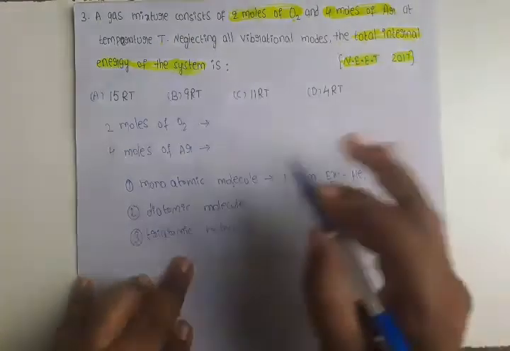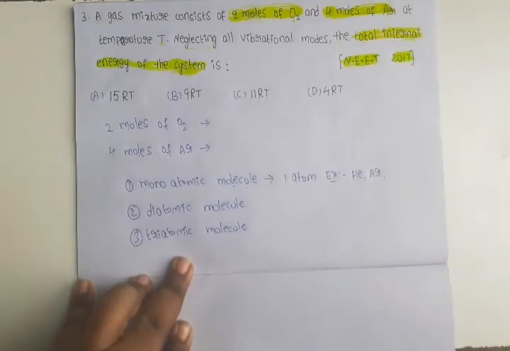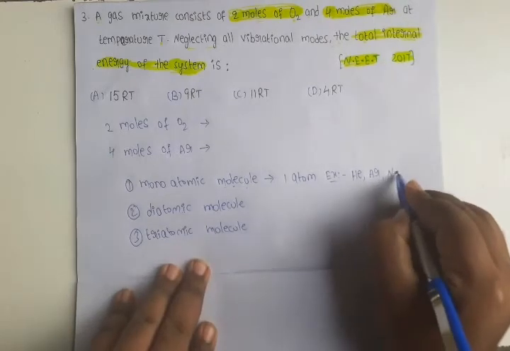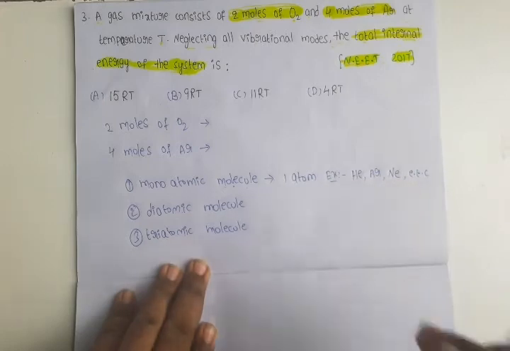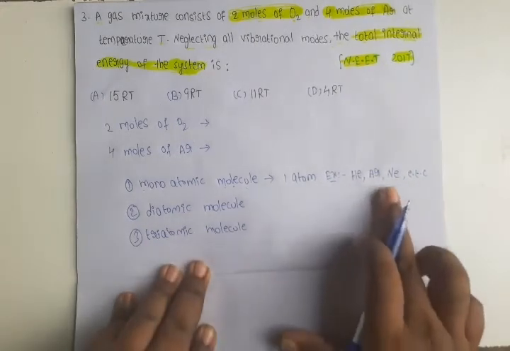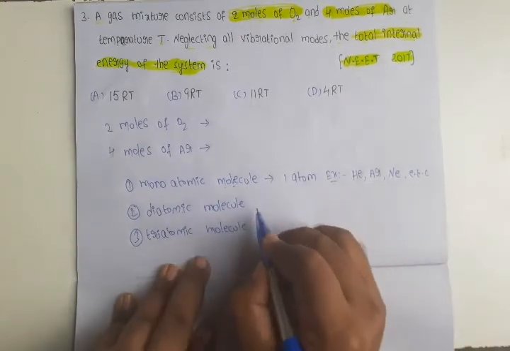Helium, argon, neon, krypton, etc. Those are all monoatomic gases because only one atom is present.